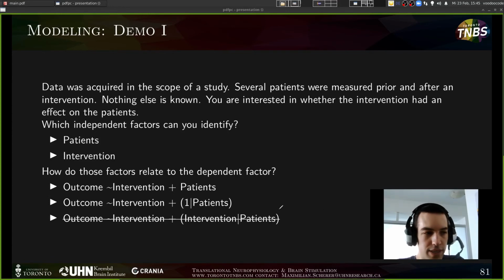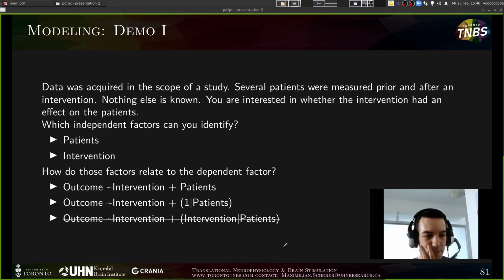All three models are totally valid, and none of them is inherently flawed or wrong. They have different necessities: they need more data, they need less data, they come with a higher hypothesis count, or a smaller hypothesis count.